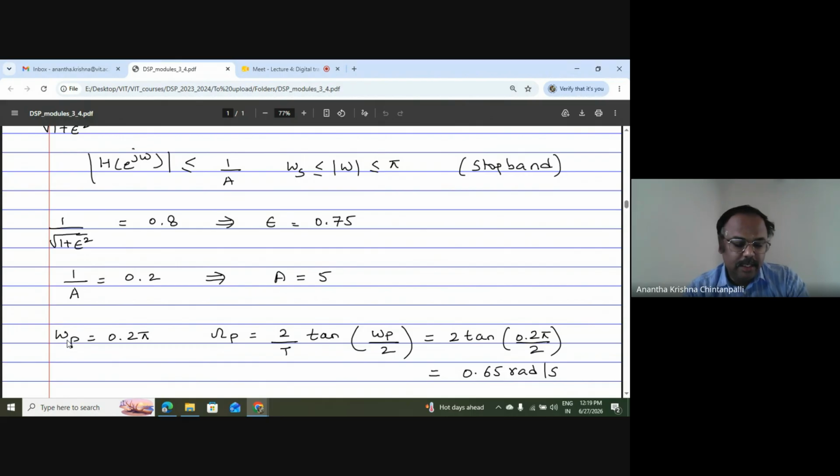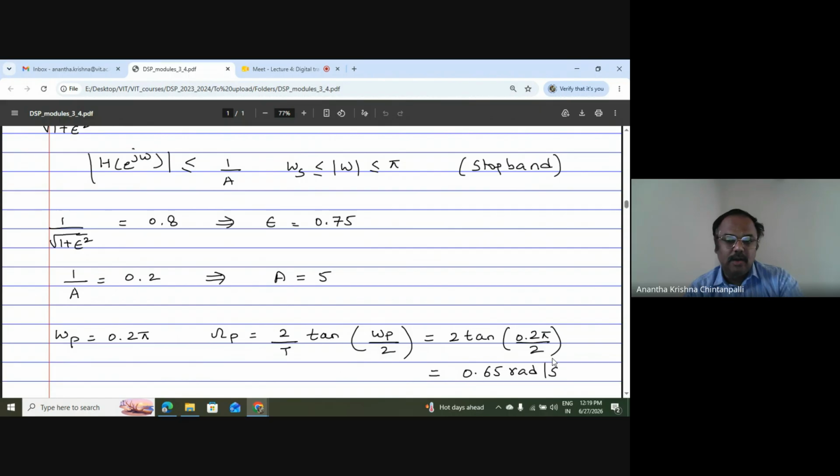Then discrete omega p is given as 0.2π. So the continuous omega p is 2 by T times tan of discrete omega p divided by 2. This is going to be 2 tan of 0.2π divided by 2, so this is 0.65 radians per second.